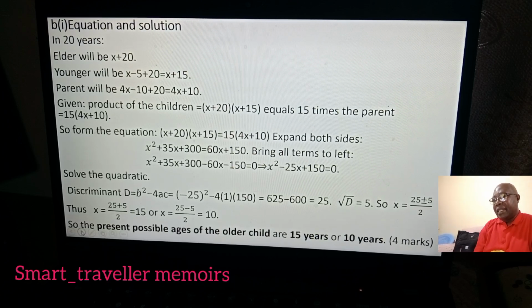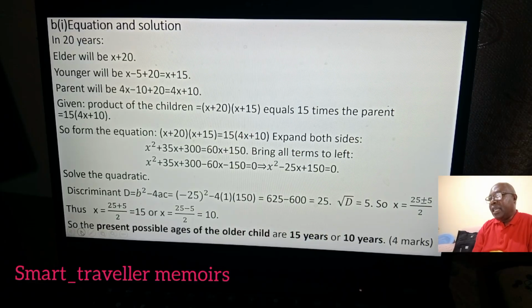Solve the quadratic by first of all getting the discriminant, which is given by b squared minus 4ac, where a, b and c are parts of the quadratic equation. Therefore, b is negative 25 from the equation, that is the coefficient of x.